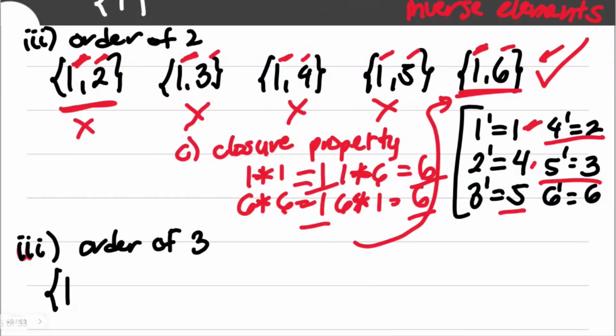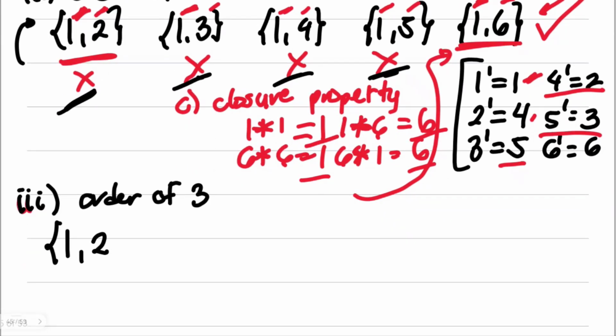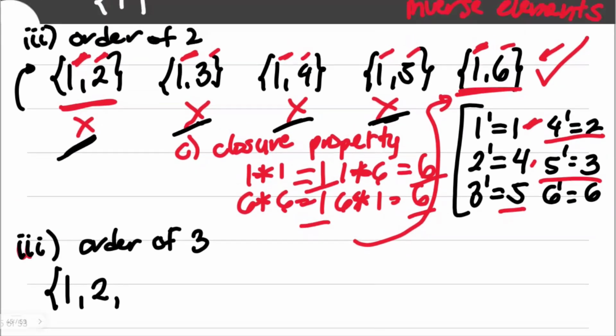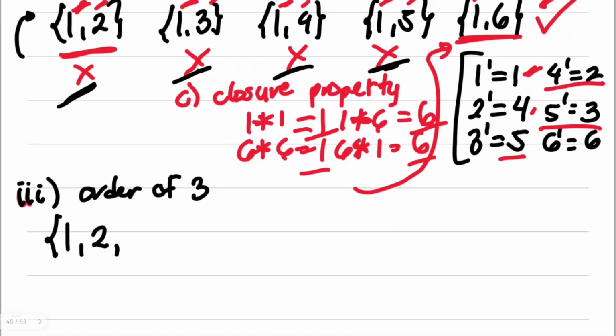Going to our third group here, where we have order of 2, this was dropped, right? This was dropped, this is also dropped, and this is also dropped because they lack another element that would satisfy the existence of inverse elements. So what if we try 1, 2, and then we know later on that the third one would be the inverse of 2?